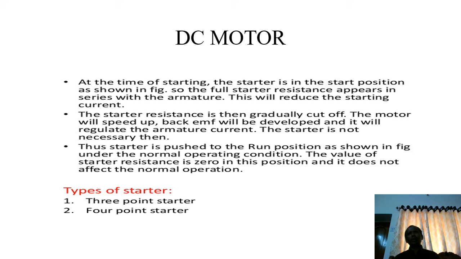These are again classified: cumulative long shunt and differential long shunt compound motors. Similarly, for the short shunt DC compound motor, cumulative and differential compound motors. So these characteristics are most important. To show their good performance, we have to observe all these experiments in the laboratory, calculate their values and draw their characteristics. You will get a good idea of the DC compound motors as well as series and shunt motors.